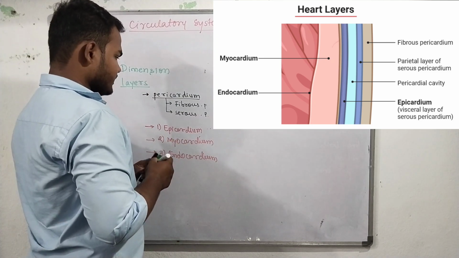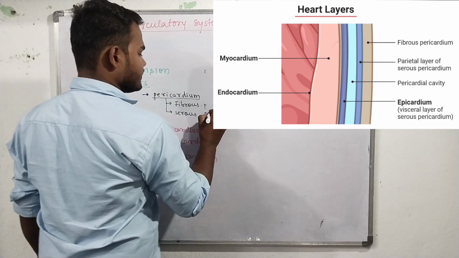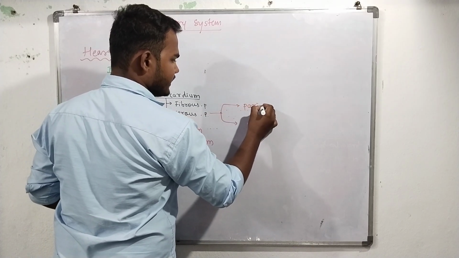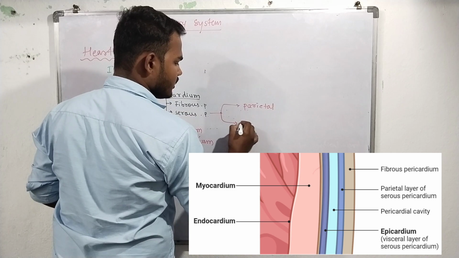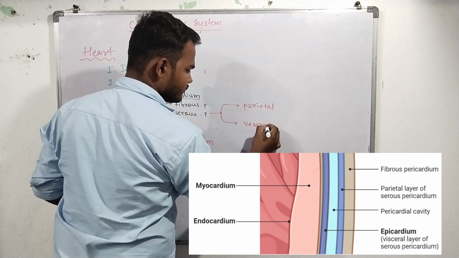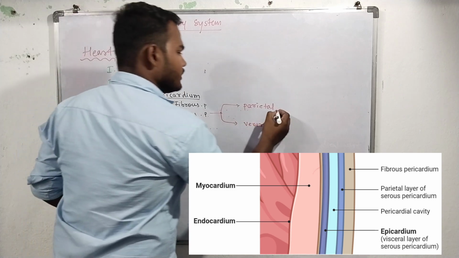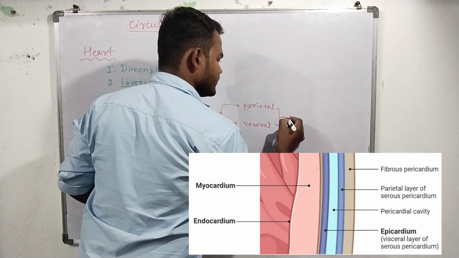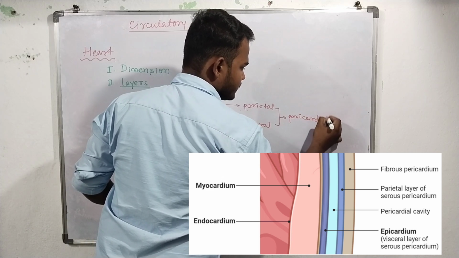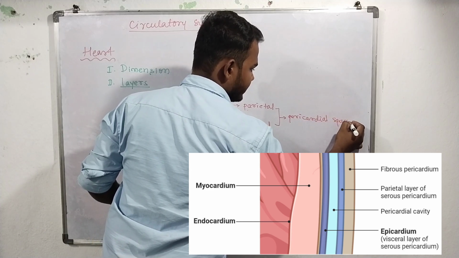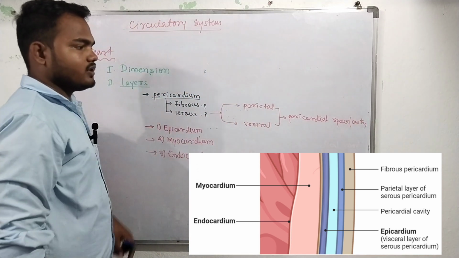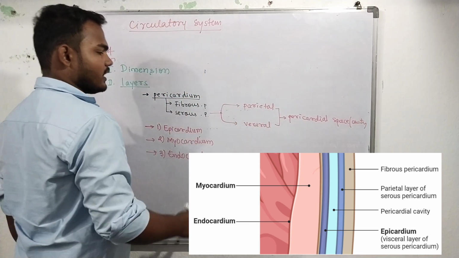Serous pericardium has two types again, parietal and visceral. In between these parietal and visceral layers, there is a pericardial space or cavity.